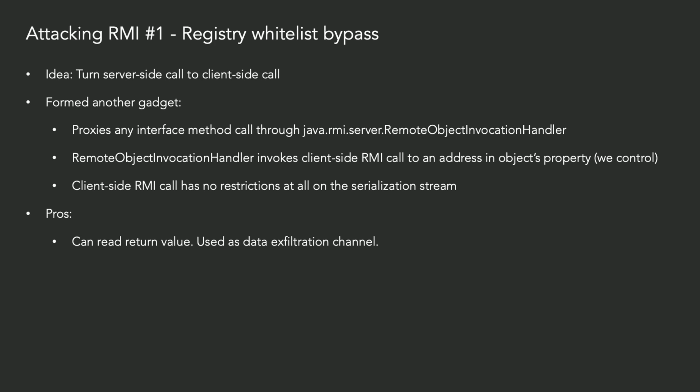And here's my whitelist bypass. The idea is to turn an RMI server-side call into a client-side call, because the client side doesn't have any whitelist implemented. So basically, the idea is to proxy any interface method call during the deserialization into an RMI proxy called RemoteObjectInvocationHandler, which will invoke that interface method call on the remote side, on the server side.